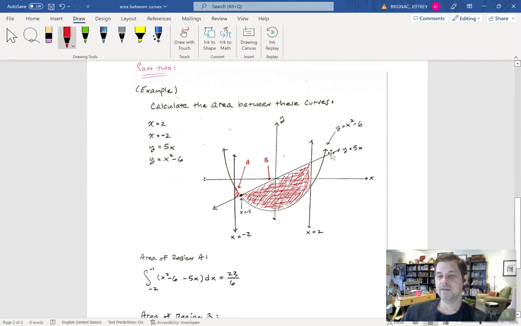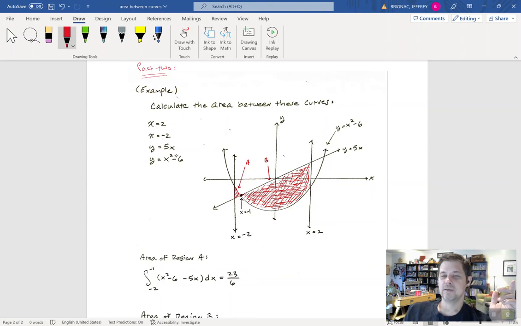So here is a sketch that I've drawn of this situation. X is 2 is a vertical line that goes through 2 on the x-axis. That's right here. X is negative 2 is also a vertical line, but it goes through negative 2 on the x-axis. Y is 5x is a straight line that goes through the origin like this.